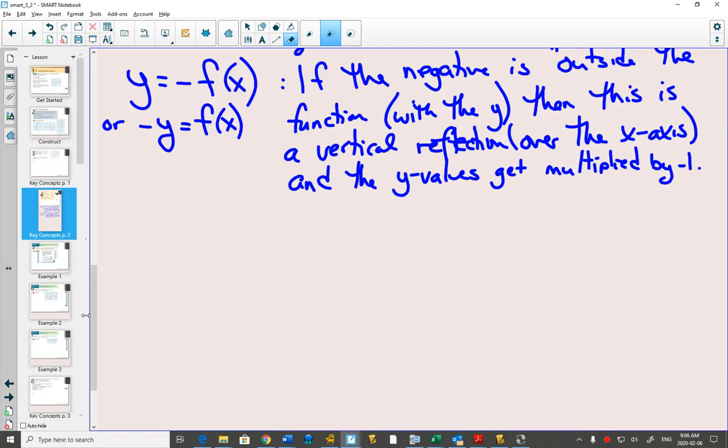So if that negative is on the outside of the function, this is a vertical reflection. Everything outside affects the y values. We're going to call this a vertical reflection, that's over your x-axis. And what happens mathematically to individual points is that your y values get multiplied by -1.